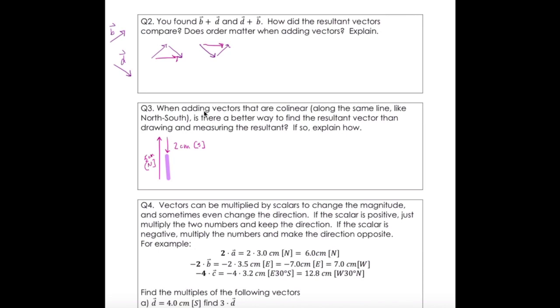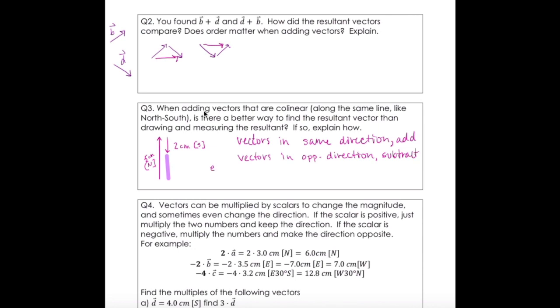But an easier way, if you remember back to when we were doing displacement, is we can subtract. For example, vectors in the same direction, we're going to add. Vectors in opposite directions, we're going to subtract.